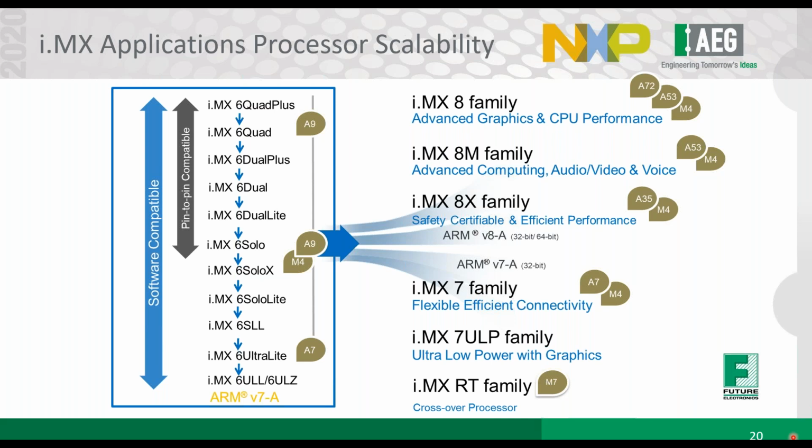Now, if you need to scale up in terms of performance, there are 64-bit options as well within that I.MX 8 family of devices. Again, if you're looking for things that are either more safety focused, or if you're looking at devices that are more capable from a graphics or CPU performance standpoint, again, you've got that ability to scale up and down as your performance requirements change.